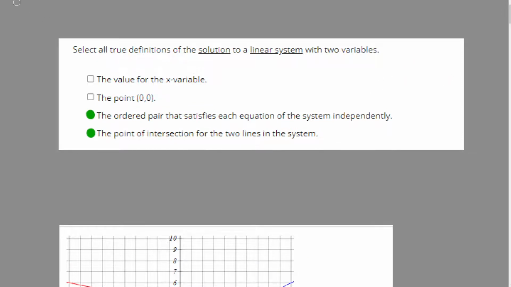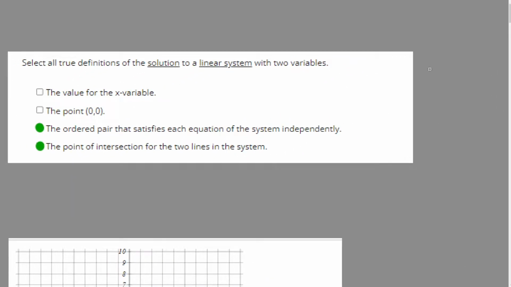So it wants us to select all true definitions of the solution to a linear system with two variables. Basically, our solution needs to be a coordinate point. This could be a solution, but this is not the solution to any linear system.